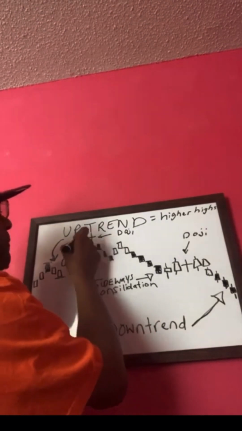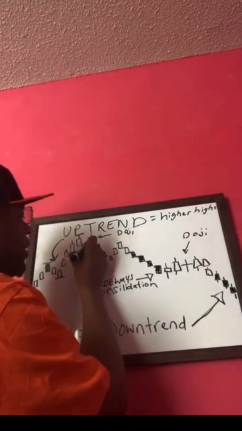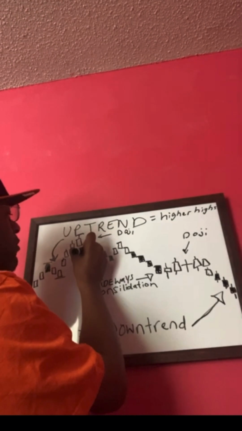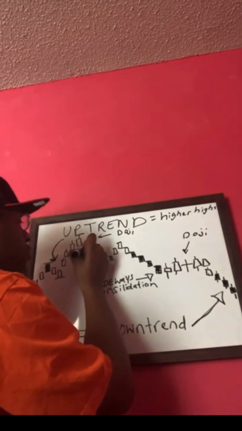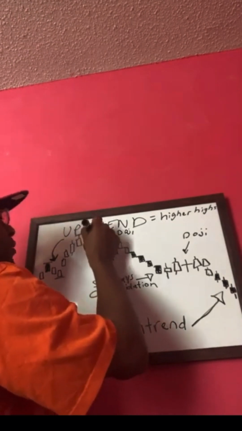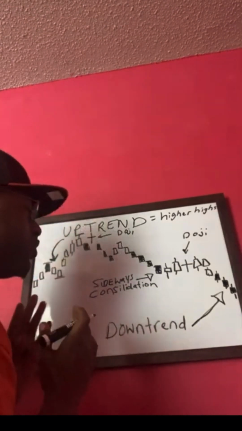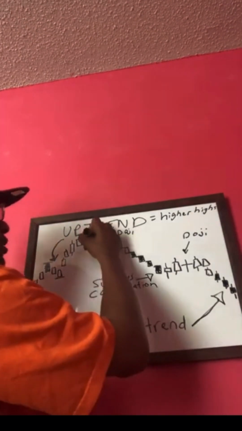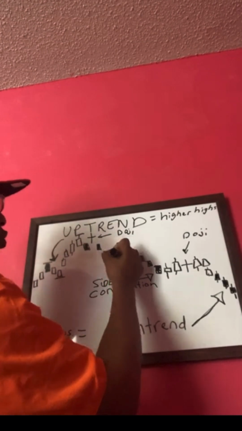So notice what happened. It pulled back one candlestick. It pulled back one candle and then created a doji. And what happened after the doji was shown? It started falling and created a pullback.